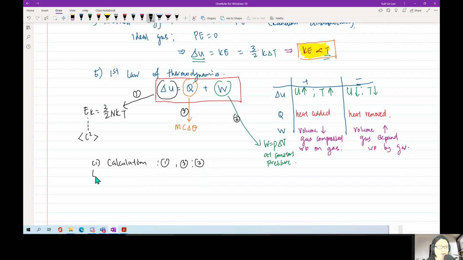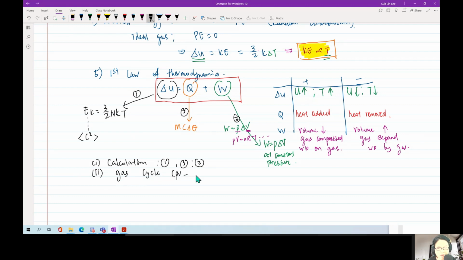If I can hear rho c square, you see this P delta V is macro, so can use PV is nRT. They're all gases. The second type of question is gas cycle with your PV graph.